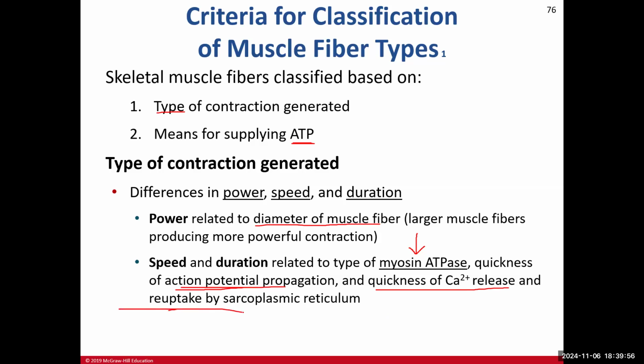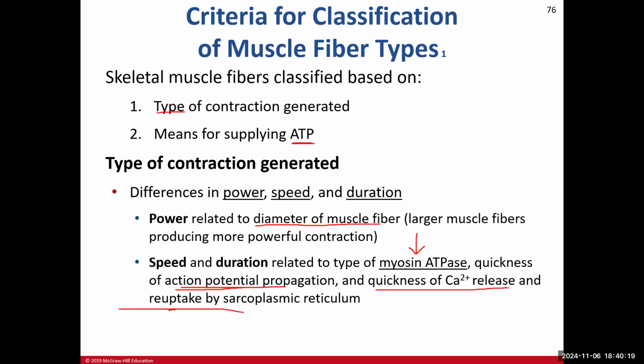All right, so we release the calcium into the sarcoplasm, and then we've got to clean up that party before we have another muscle contraction. So we're going to talk about how quickly we can reuptake that calcium that we spilled into the cytosol and put it back into the sarcoplasmic reticulum terminal cisterna there.